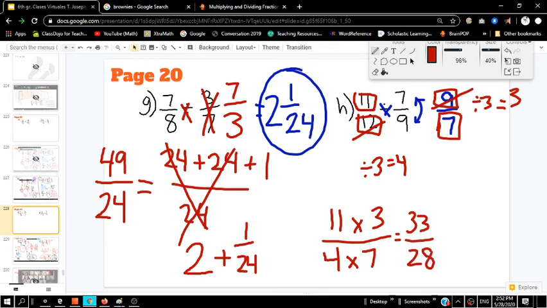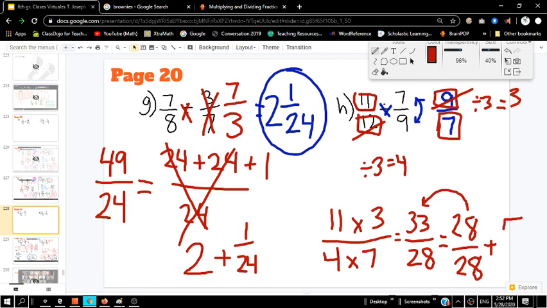Also, that is improper. So how do we figure out 33 over 28? Well, I'm just going to break it out into its separate parts, right? So we have 33 over 28 equals 28 over 28. Again, I'm finding my whole number. And how much more do we need to get to 33? Well, 29, 30, 31, 32, 33.